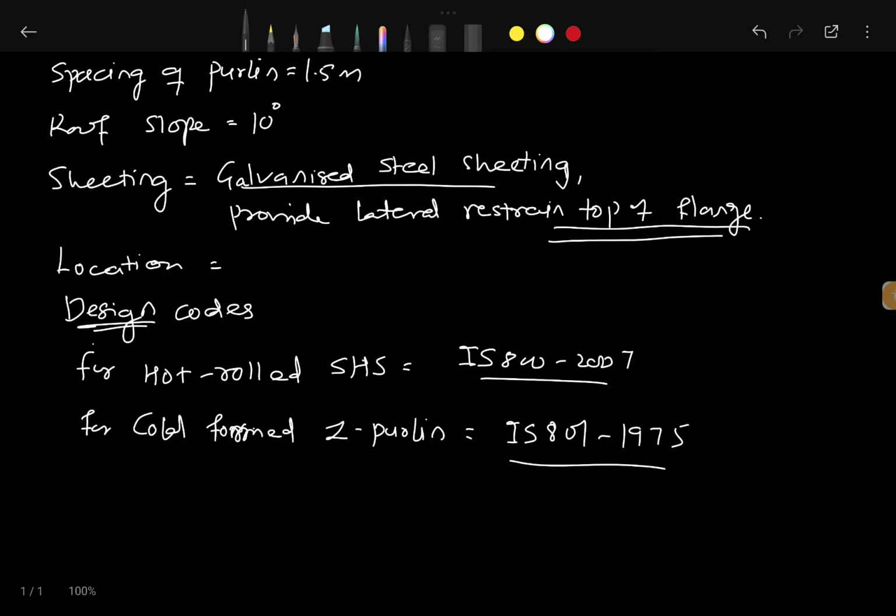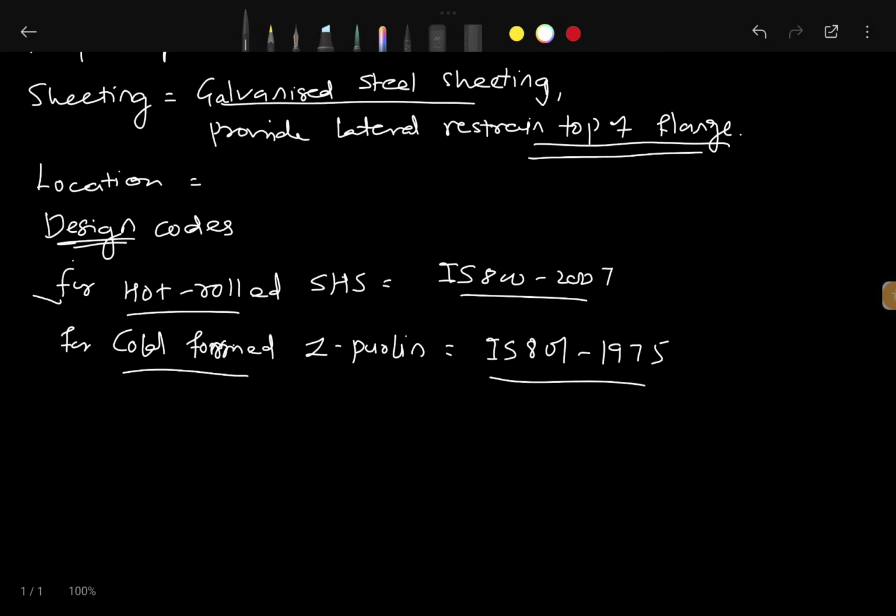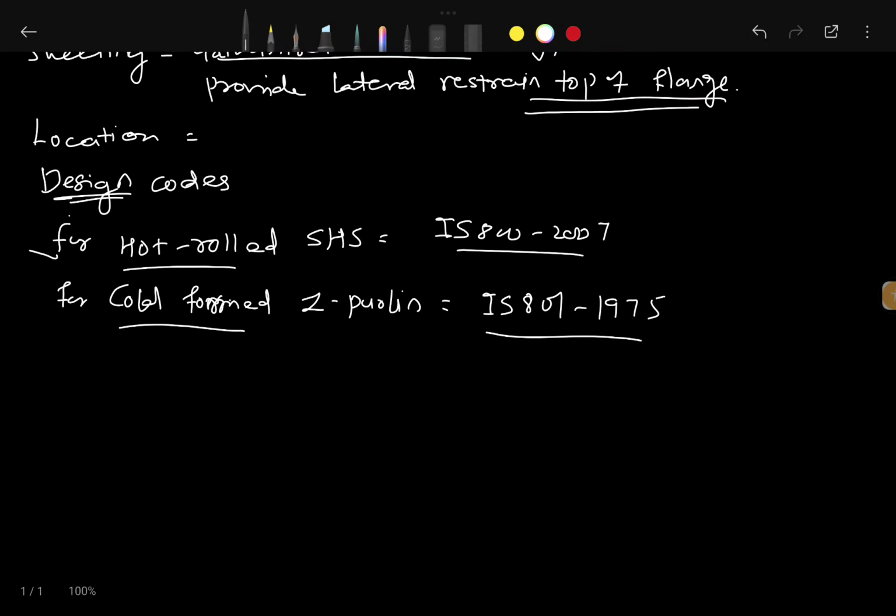We prefer both of these codes for different designs. This IS 800 is used for hot-roll member design and IS 801 is used for cold-form member design.